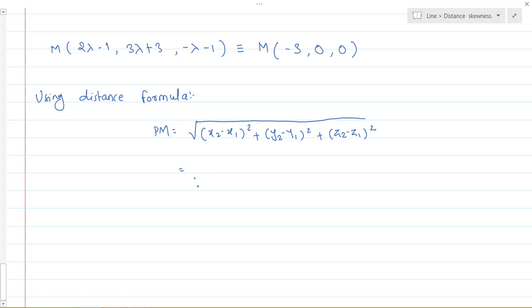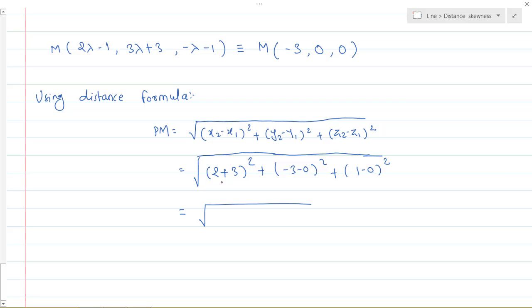Okay, so which is equal to the root of, what is x2? x2 is nothing but the point P coordinate, so P is 2, so it is 2 minus (-3), so it becomes plus 3 whole square, plus y2 is minus 3 minus 0 square plus 1 minus 0 whole square, which is equal to the root of 5 square is 25, plus 3 square is 9, plus this is 1 as it is, so it becomes the root of 10 plus 25, becomes 35 units.